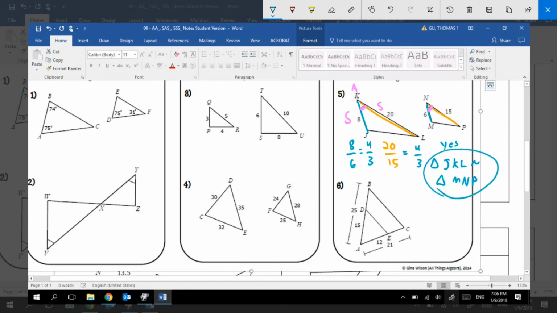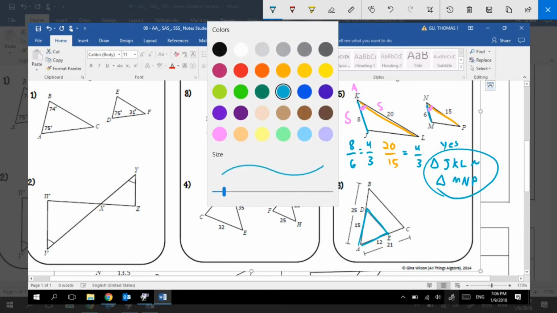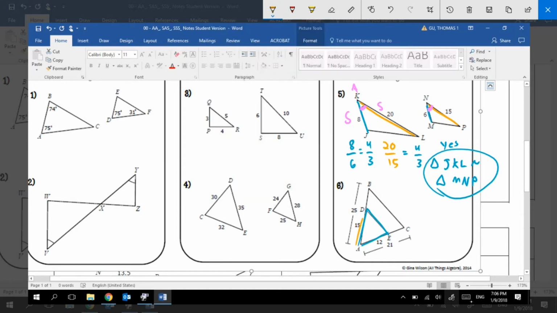All right, and last up, number 6. So let's take a look at these two triangles. Here's one of the triangles, and then the other triangle is this triangle. Okay, so let's take a look at the ratios first.